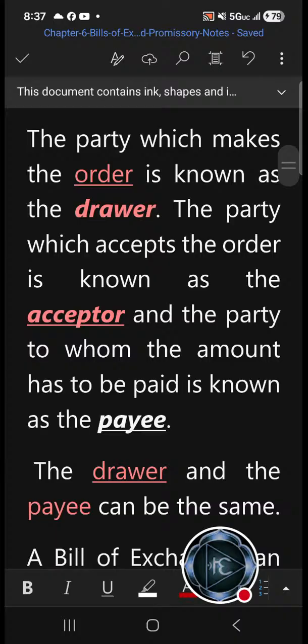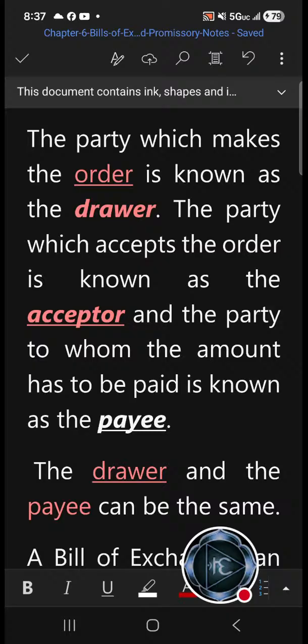As the payee, you are first of all the acceptor, the party which accepts the order, but your position changed to be the drawer once you draft the order to pay.